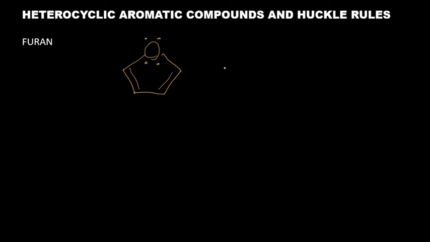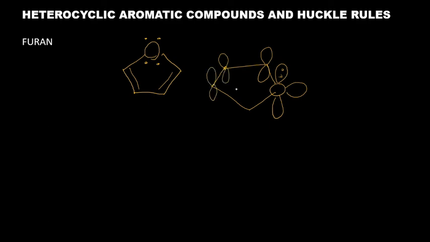So once again, if you draw this, we're going to find out that the p orbital of oxygen has 2 electrons in it, and those of carbon have 1 each.